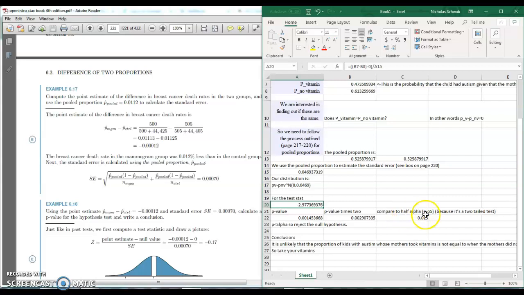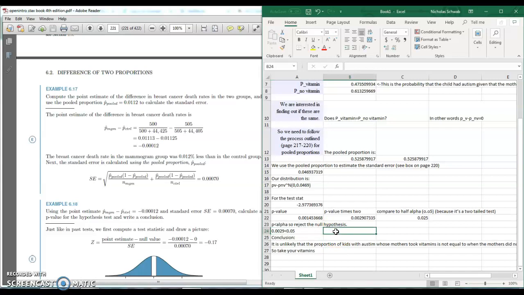We can compare it to half of alpha, that's this number, or we can compare it to the full alpha, which is 0.05. So let's do it the way the problem wants us to do it. 0.0029 is less than 0.05, so we will reject the null hypothesis.